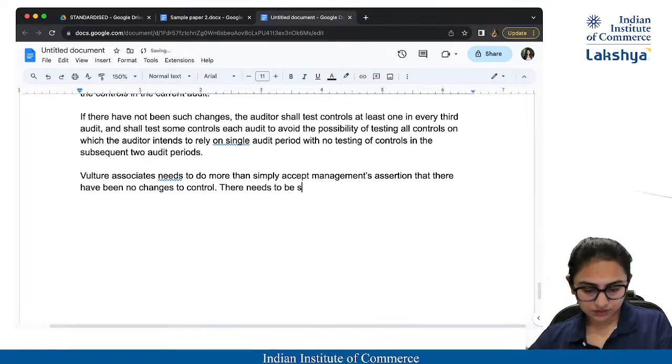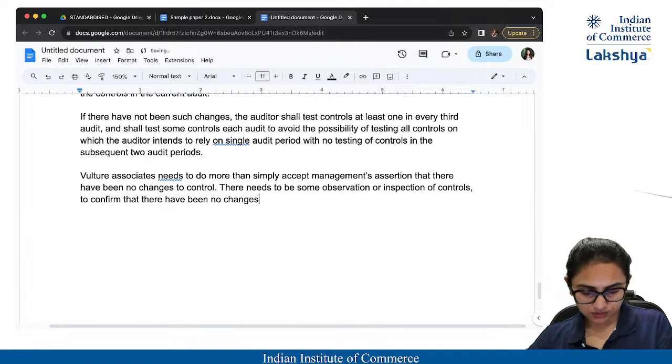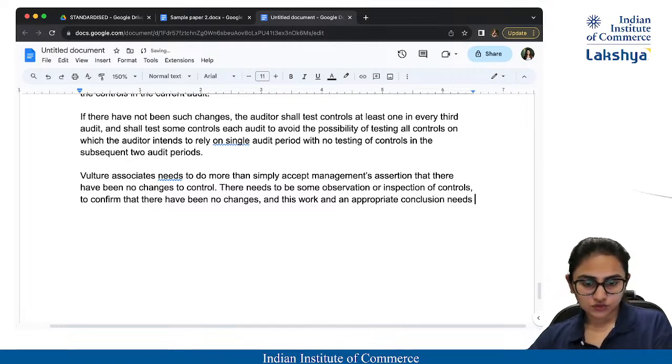There needs to be some observation or inspection of controls to confirm that there have been no changes, and this work and an appropriate conclusion needs to be documented in audit working papers.